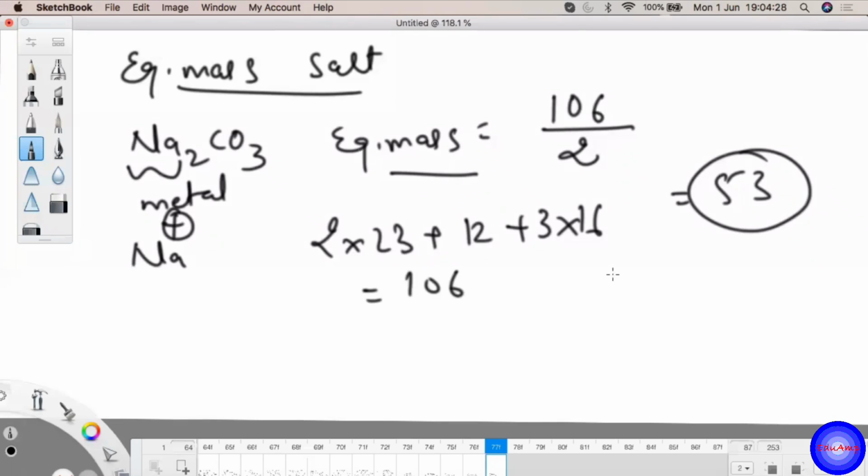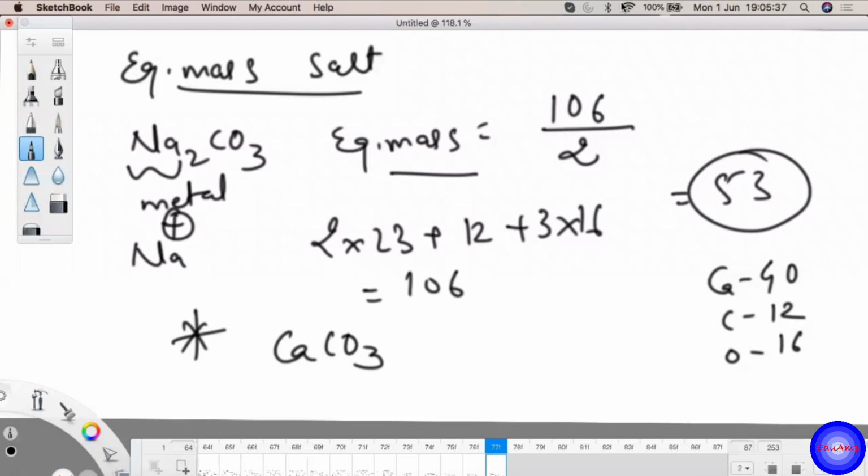All good? Now you have to calculate the equivalent mass of CaCO3. Yes, Krishna, you are absolutely right. So the molecular mass is 100, and the total charge on metal: here the metal is calcium and calcium has 2 positive charge.